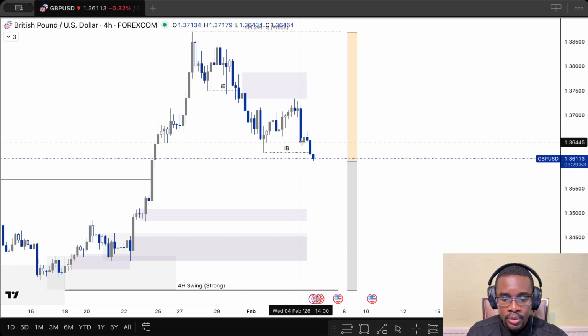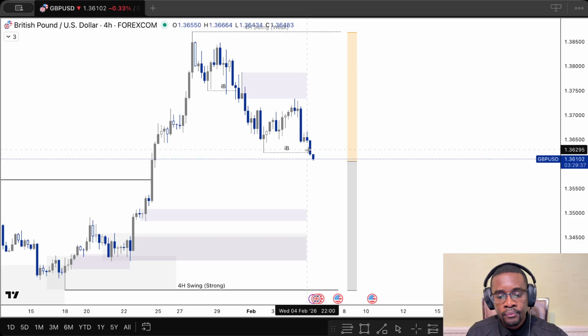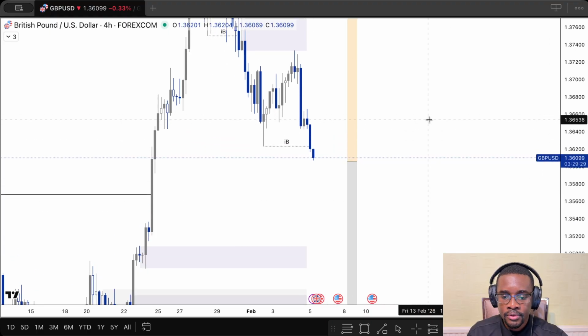So right now we've broken structure. What's the low here? 136.434. 136.426. Okay, so this is a fractal structure here.